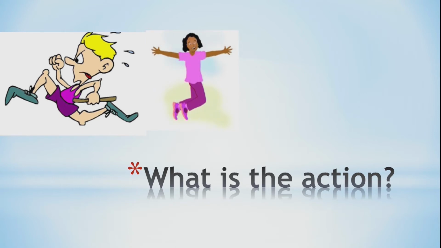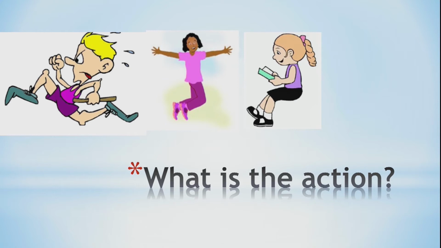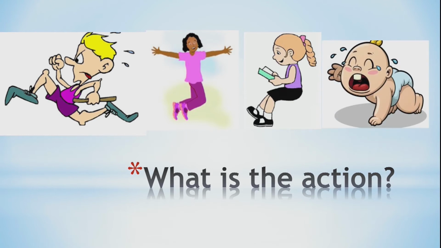Right, it is jump. Jump high. Great. What about this action? Yes, it is read. Good job. Show me this action. Cry. Do you cry when you are sad? Me too. Okay, good job, children.